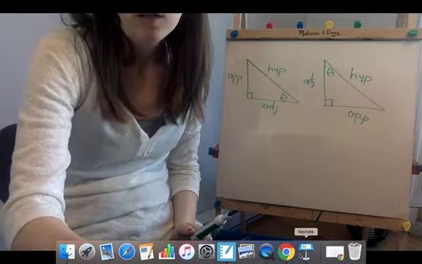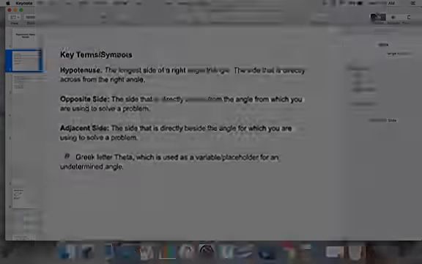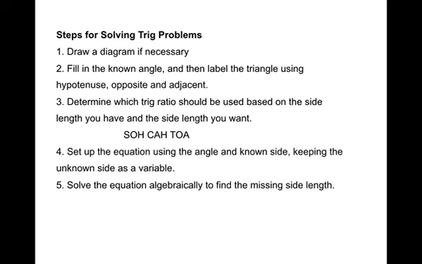Okay? All right. So when we're solving trig problems, if a diagram hasn't already been provided for you, you should draw it. If they describe a situation where you don't have the diagram, use that information to draw it, and it will set up as a right angle triangle in these basic types of trig problems. Fill in the known angle.